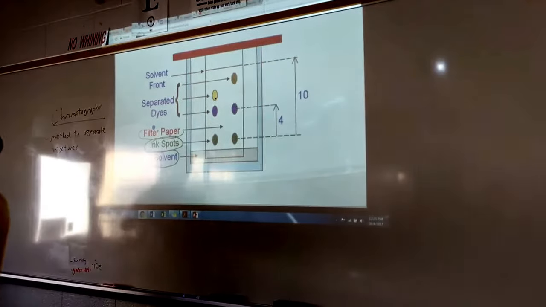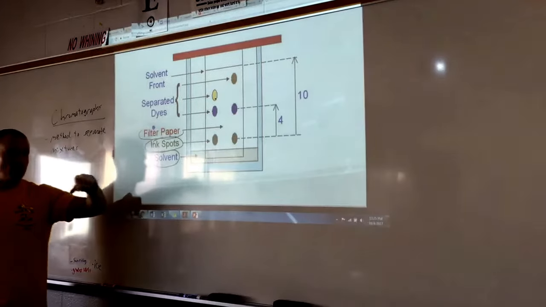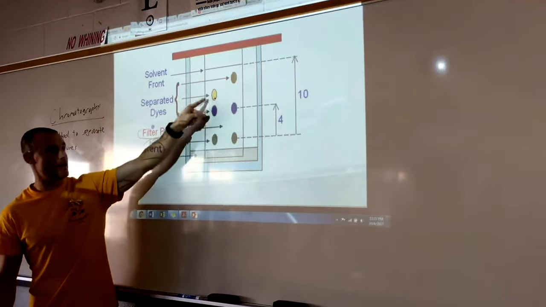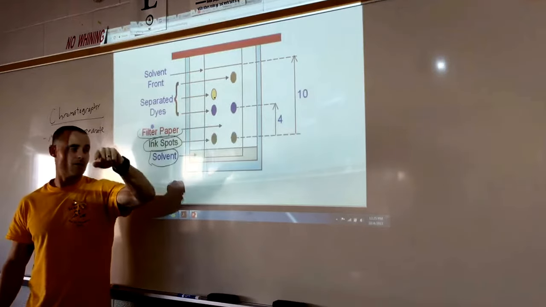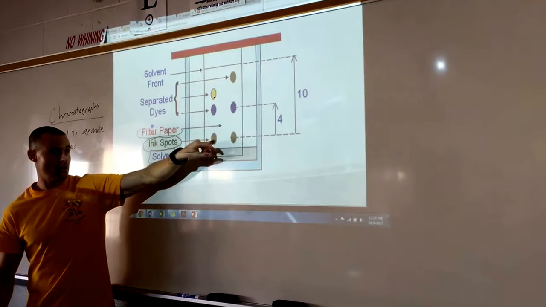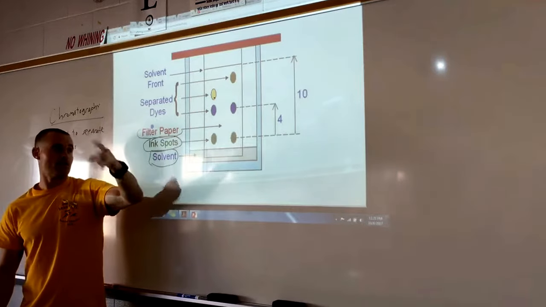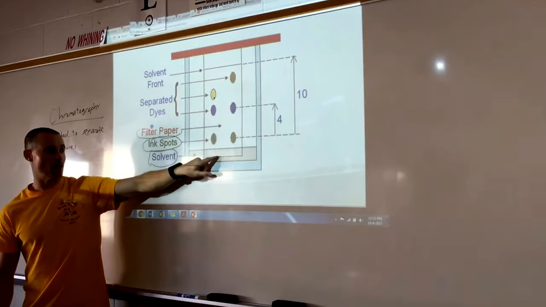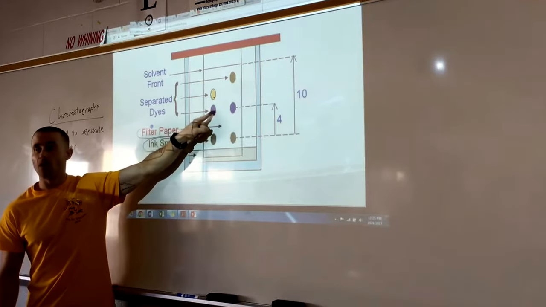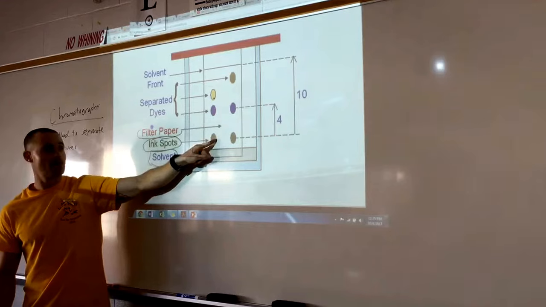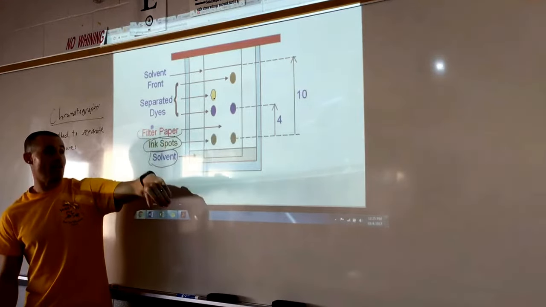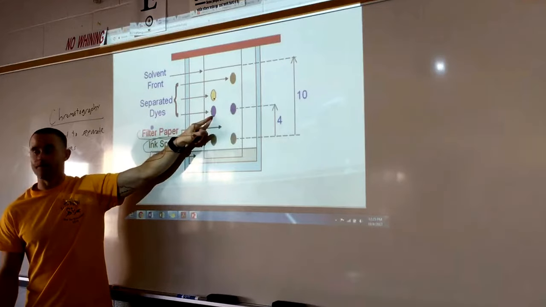That's the basic. In AP Chem and College Chem, what we talk about is why is this blue dot here? Why is that yellow dot there? And the reason is forces of attraction. So the dye here is attracted to two things, the paper and the water. As the water travels, this blue part of the dye is more attracted to the paper than the water, so it gets out of the water as fast as it can.